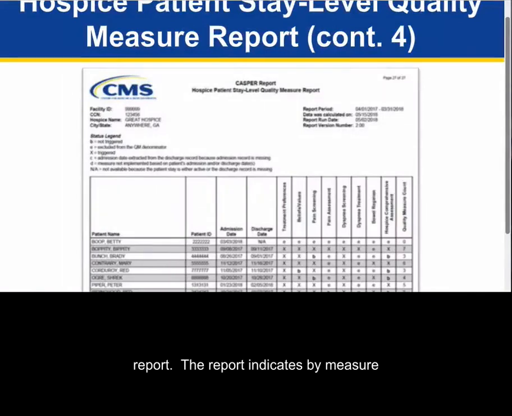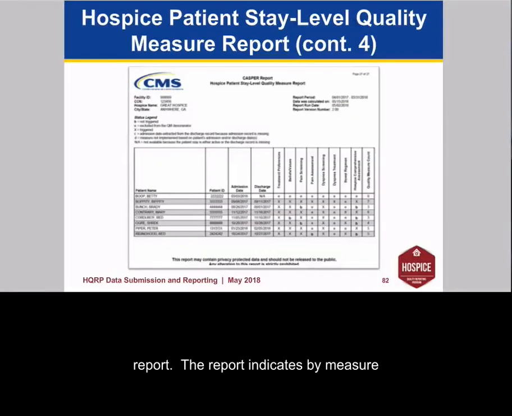The report indicates by measure status whether the measure triggered or met the numerator value for each patient whose stay level records were included in the report period. A B will display in the measure column when the measure was not triggered, and that indicates that the stay did not pass the measure.